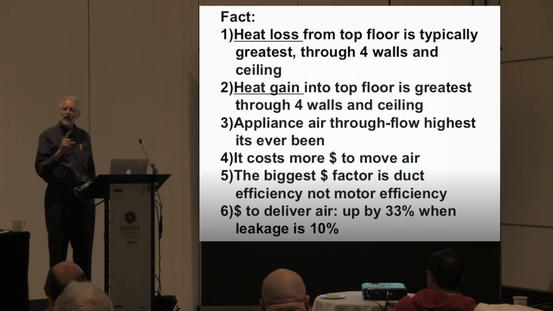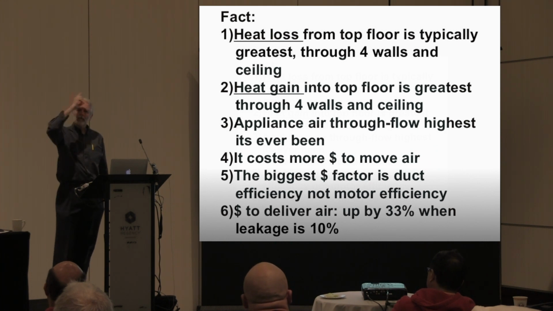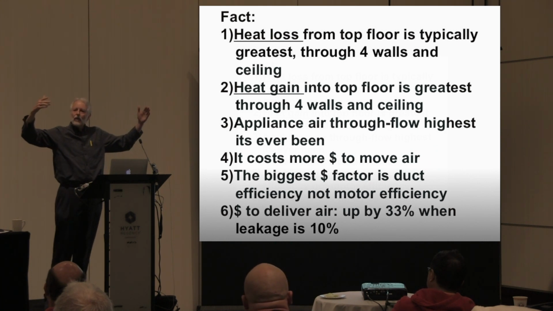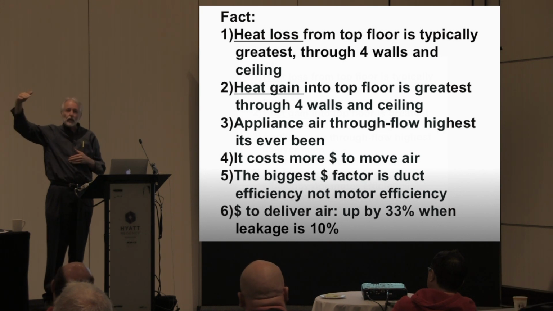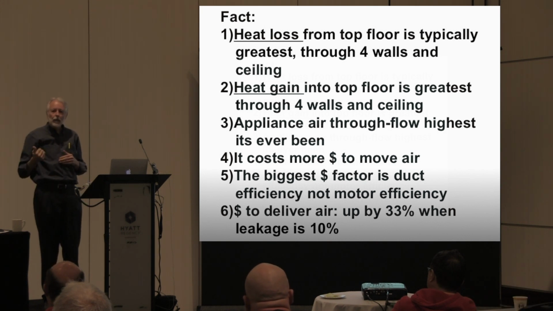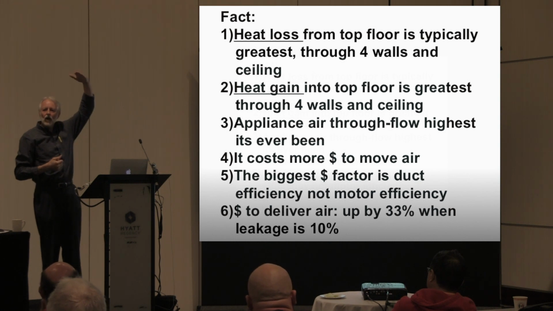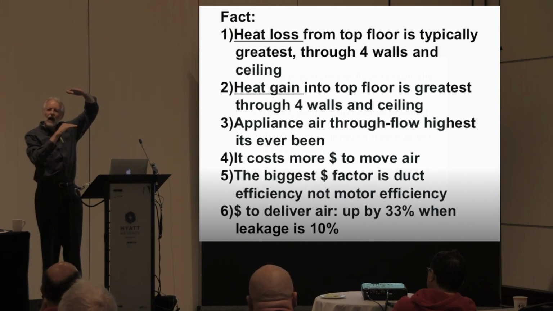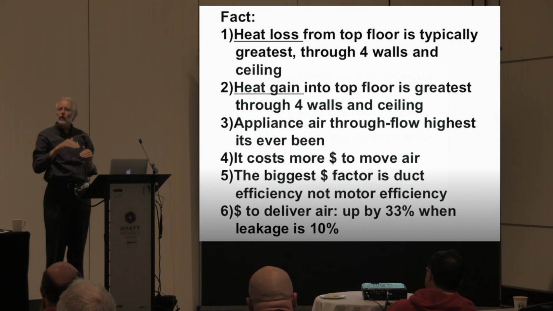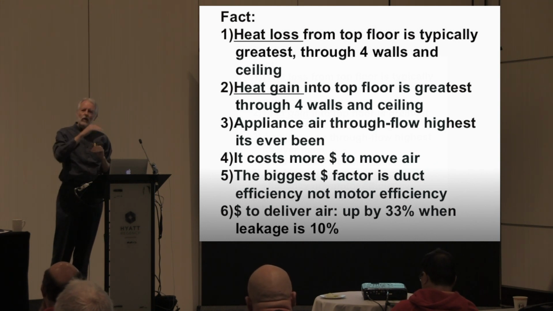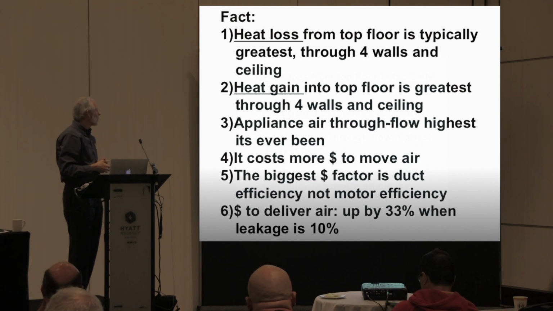The top floor takes the hit from the windows that are exposed, and you have less shrouding from your neighborhood houses and your trees on the top floor on the west when the sun comes in at a low angle than you do on the main. But you're also heating your top floor from your attic. So your attic has a higher heat load, just as your top floor has a higher heat load, just like it has a higher cooling load than the main level.